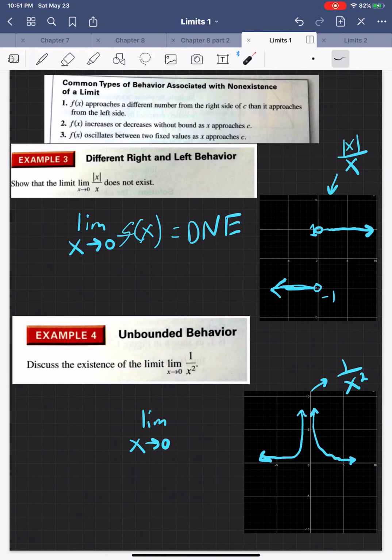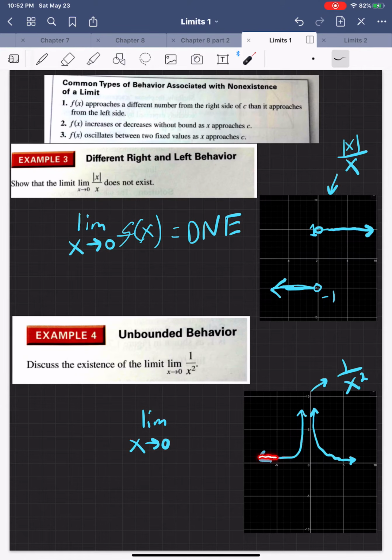Let's pretend. If you start approaching 0 from the right of 0, what's your graph doing? Remember, you're over here, say at 10, and you're walking towards 0. As you get closer and closer to 0, see how your graph is just shooting up to positive infinity? What about if you approach 0 from the left?